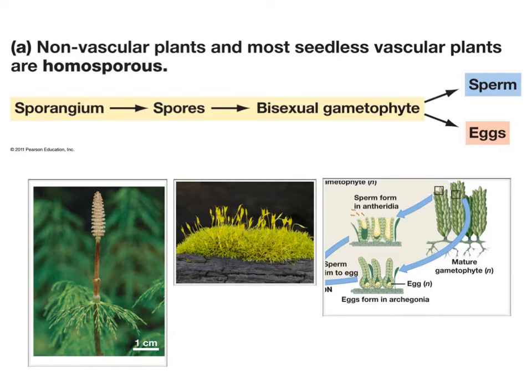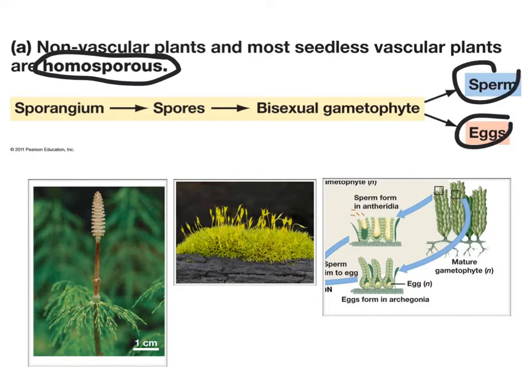That means they have the same size spores. And then they have a bisexual gametophyte that then has archegonia or antheridia for sperm, archegonia for eggs.